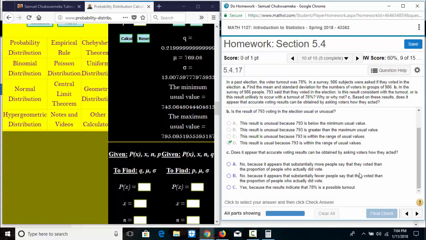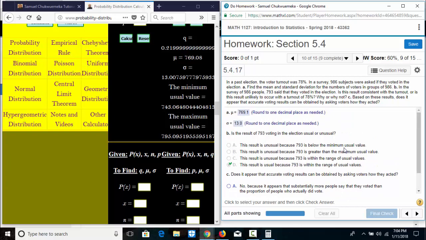Does it appear that accurate voting results can be obtained by asking voters how they acted? We look at this method, and we see that 793 is within the minimum and maximum usual values.